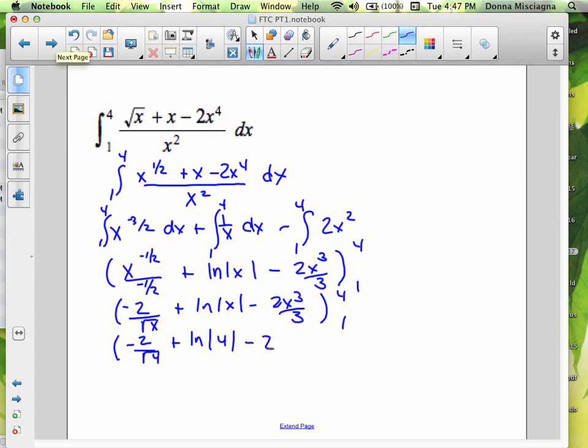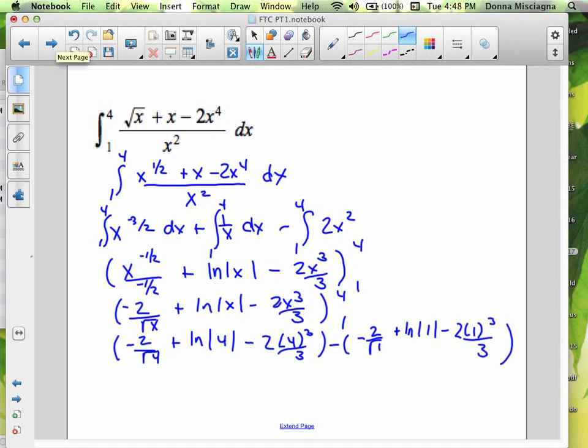Minus 2 times 4 cubed divided by 3, and all of that, we're going to subtract negative 2 over the square root of 1 plus natural log of 1, and I still left the absolute value bars in there, and 2 times 1 cubed divided by 3.